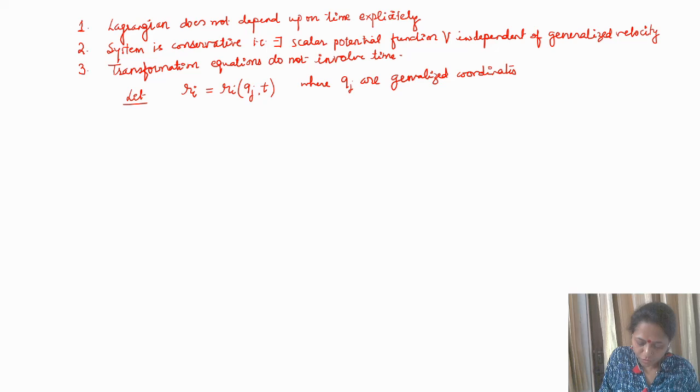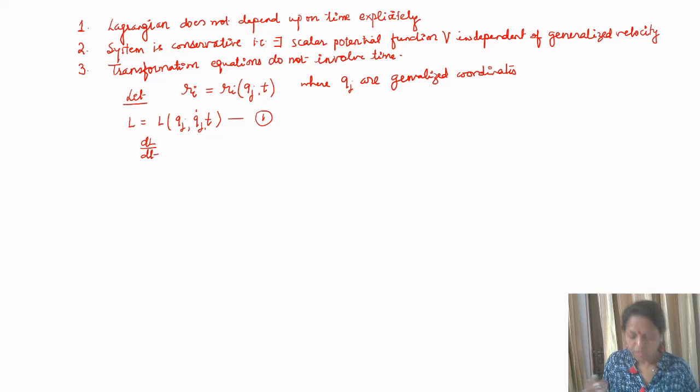Now, first of all, what is our Lagrangian? Lagrangian is defined as a function of Qj, Qj dot and time. From this L, you may find the total time derivative of Lagrangian.